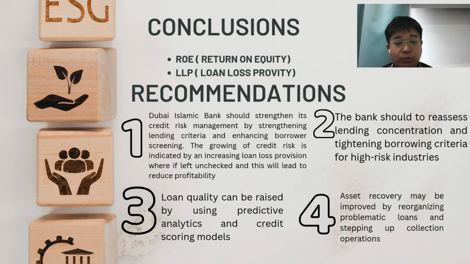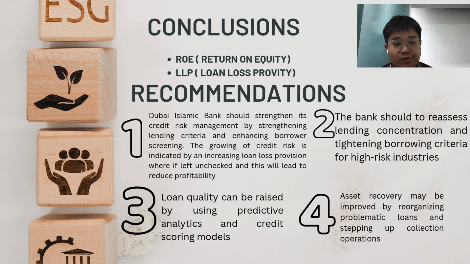In conclusion, when comparing the findings from the correlation and coefficient tables, ROE and loan loss provision are the influential factors affecting the credit risk of Dubai Islamic Bank. The first recommendation is that Dubai Islamic Bank should strengthen its credit risk management by strengthening lending criteria and enhancing borrower screening.